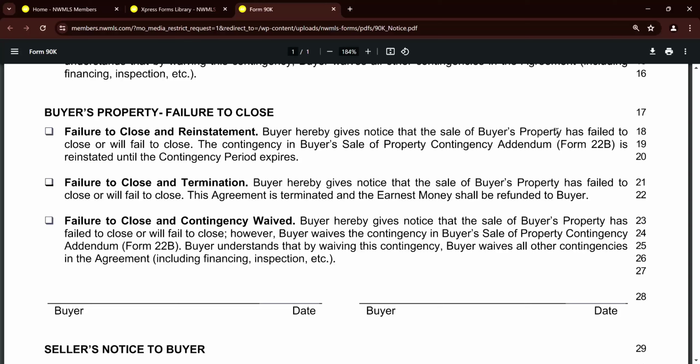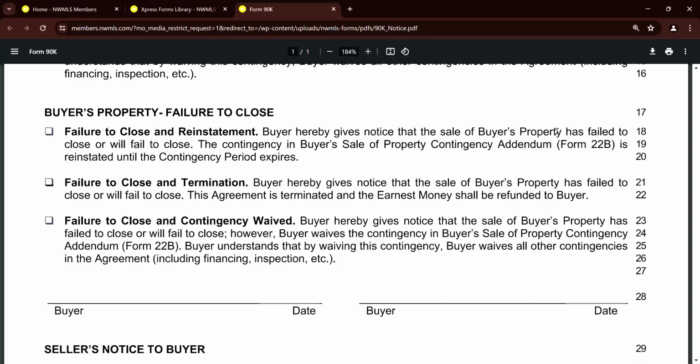We'll get the contingency back and started again. So if they only used up 20, they still have 25 days to get it under contract again. There's probably a form to restart that timeline. This is it. Yeah, that's it right there. So go for it. Next one.